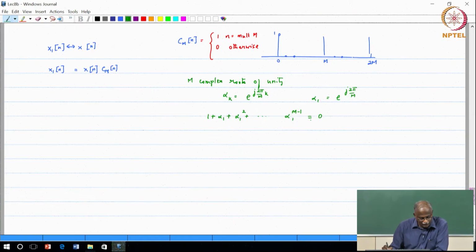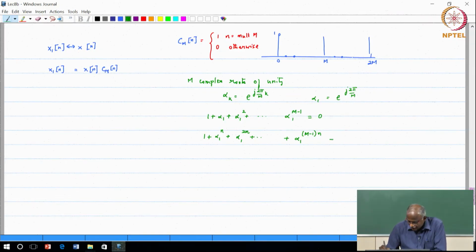Okay. Now, if I look at the following, 1 plus alpha 1 raised to the power n, alpha 1 raised to the power 2n, plus all the way to alpha 1 raised to the power of m minus 1 times n.